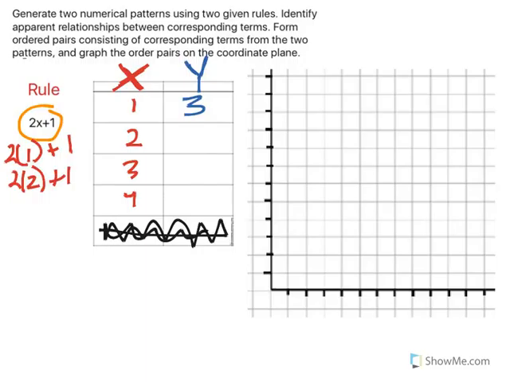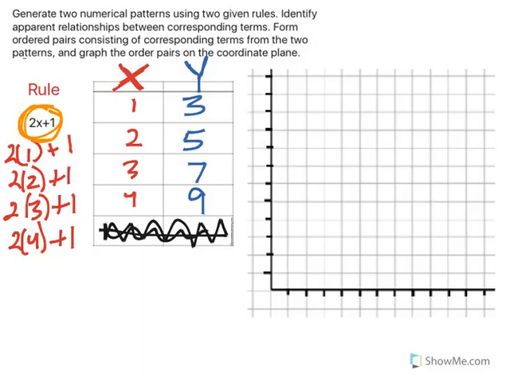So our y-coordinate is 5. Then we have 2 times 3, which is 6, plus 1 is 7. Y-coordinate 7. Then when x is 4, 2 times 4, which is 8, plus 1 is 9. And we get these numbers all based off the rule, which is right up here.